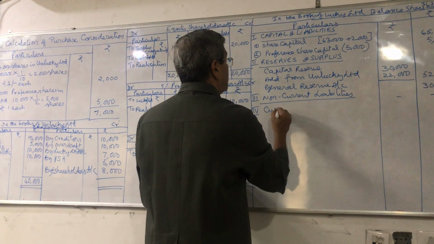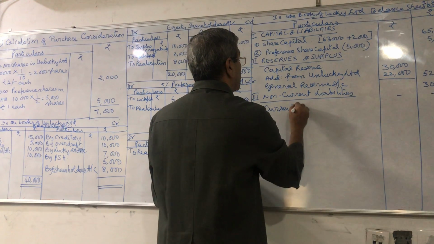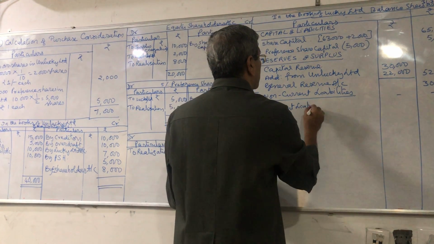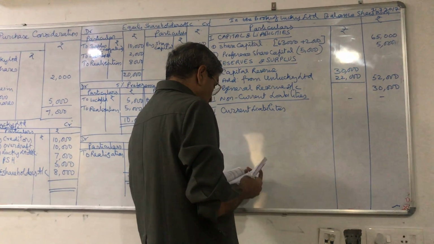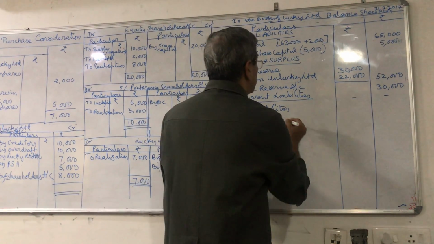Under the current liabilities, you show creditors.